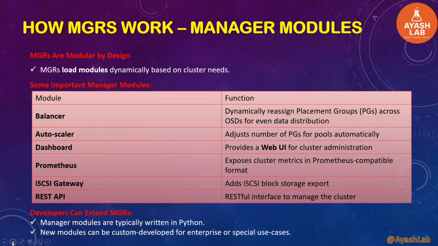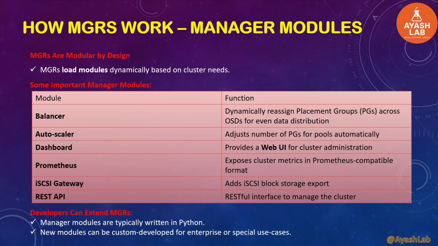In this table, I have mentioned some of the important manager modules and their functions: balancer, autoscaler, dashboard, Prometheus, iSCSI gateway, REST API, and on the side, their respective functions. So let's look into it.